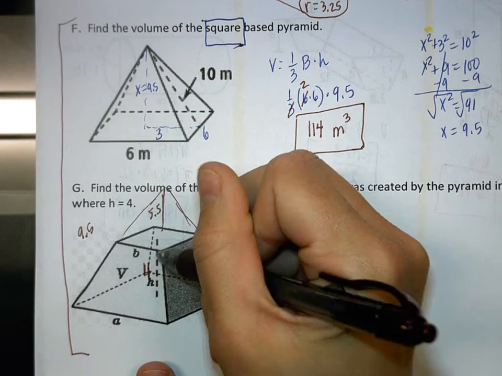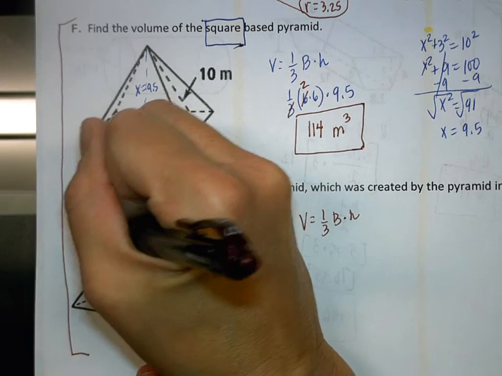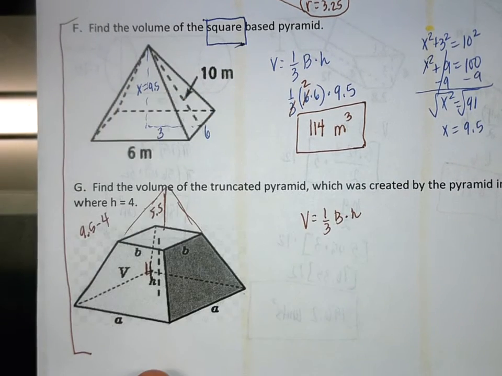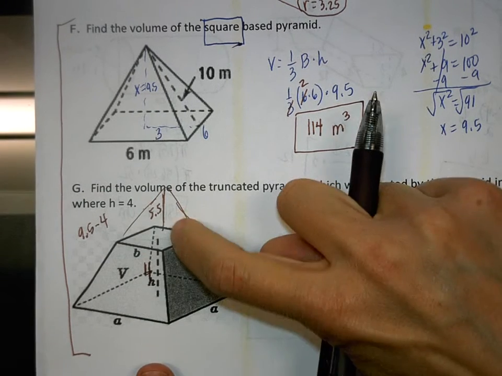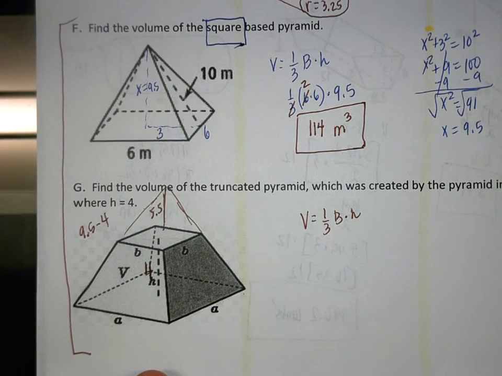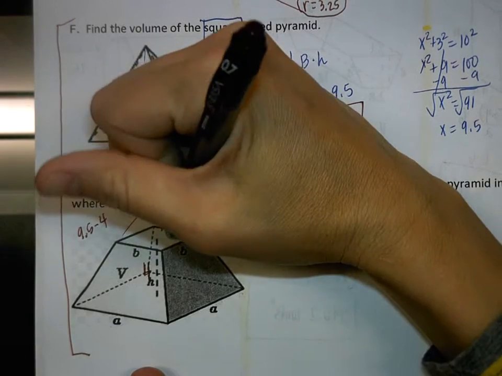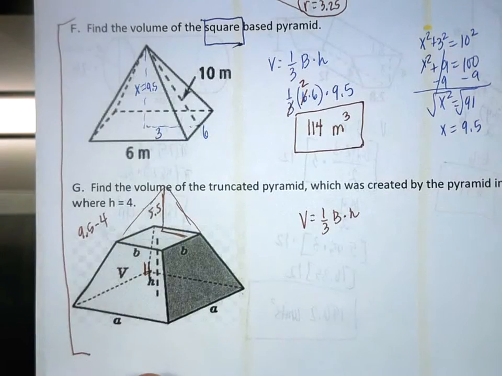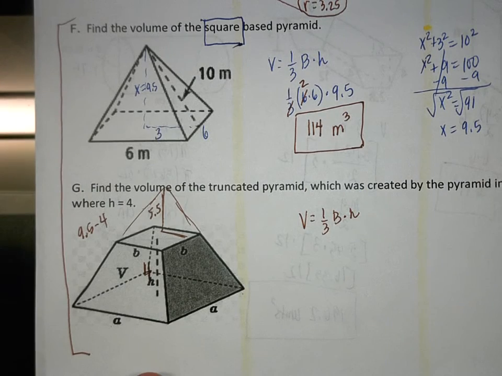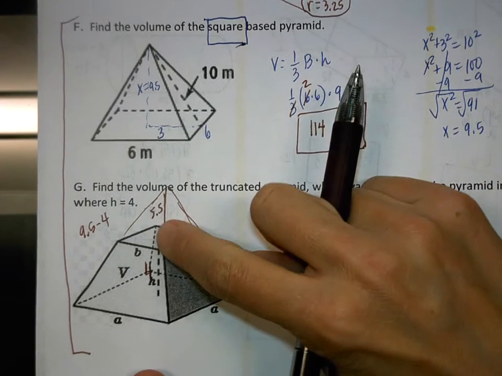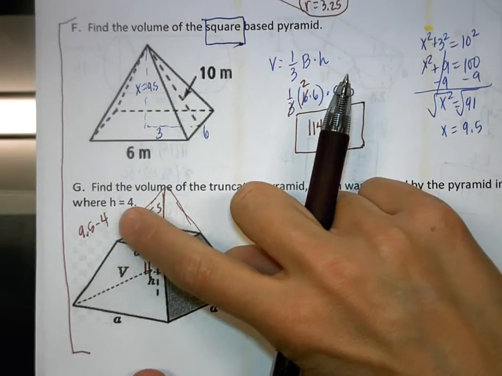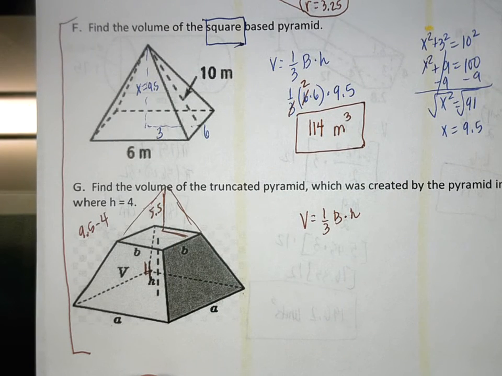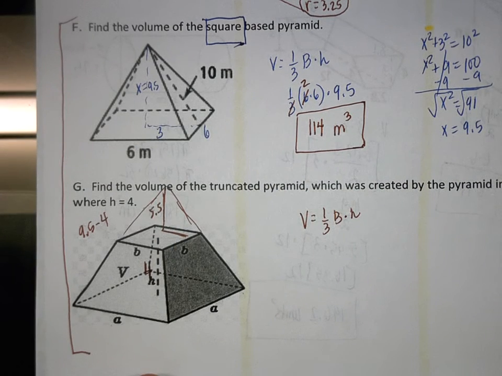They told me this height on this figure was 4, so 9.5 minus 4 gives me a height of 5.5 of what was chopped off. Okay, so now we need to find what is my base, right? We need to find out what is that length, and then we could double it to find the actual base length. Do you guys agree? Okay, so what am I going to do?